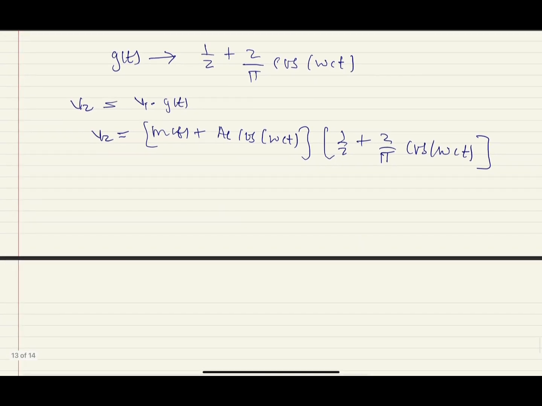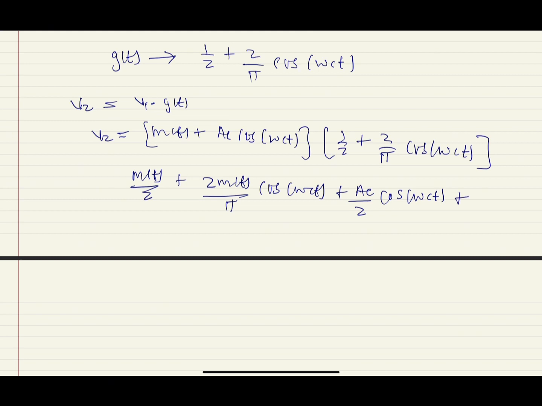In simplifying this, m of t multiplied by this one is going to give us m of t over 2 plus 2m of t over pi cos omega ct, plus Ac over 2 cos omega ct, plus 2Ac over pi cos squared omega ct.